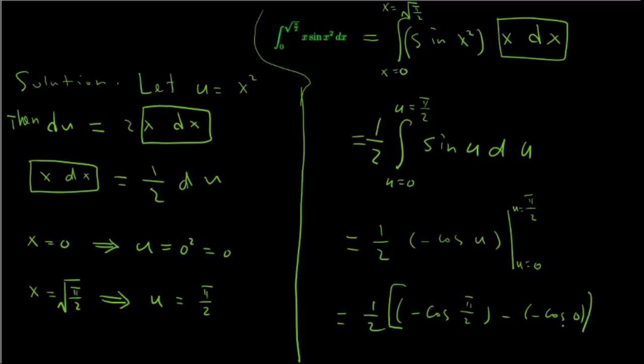Cos of 0 is equal to 1. Cos of half pi is 0. Okay. So that's the whole story about the substitution rule for the definite integral.